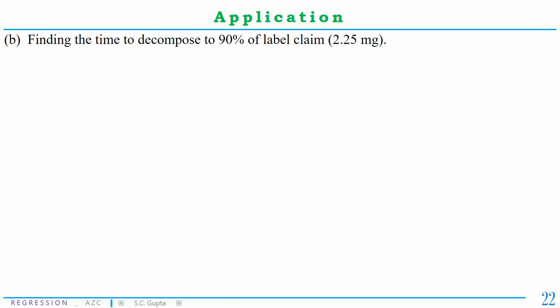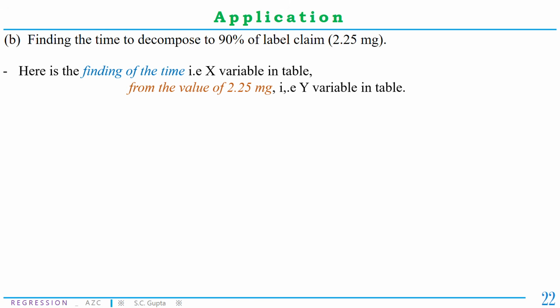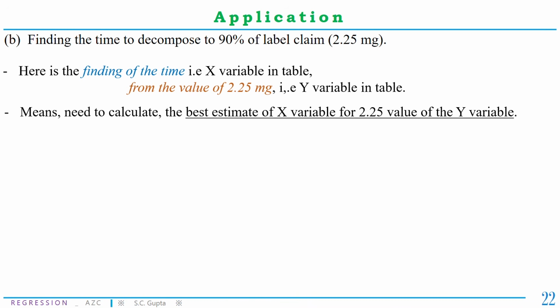Next question is finding the time to decompose to 90% of label claim, 2.25 milligrams. Here is the finding of the time, that is, x variable in table, from the value of 2.25 milligrams, that is, y variable in table. That means we need to calculate the best estimate of x variable for 2.25 value of the y variable.